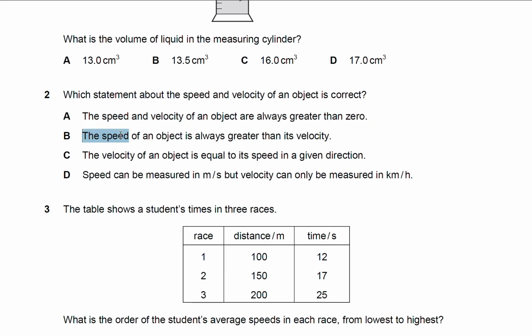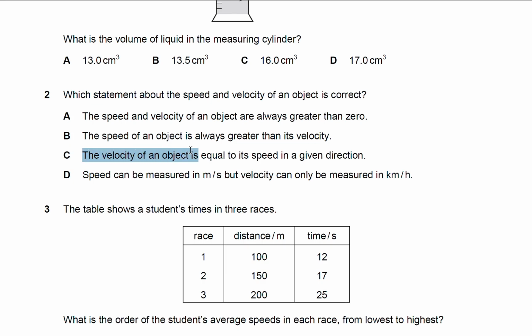The speed of an object is always greater than its velocity. Not necessarily always. If the object is going in a straight line in a given time, the speed and the velocity of the object are same. So option B is ruled out.